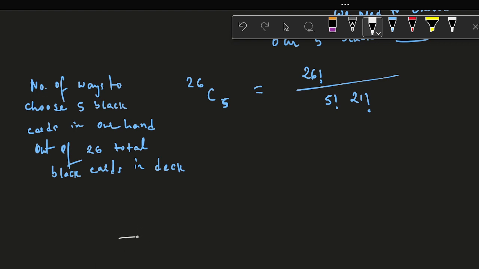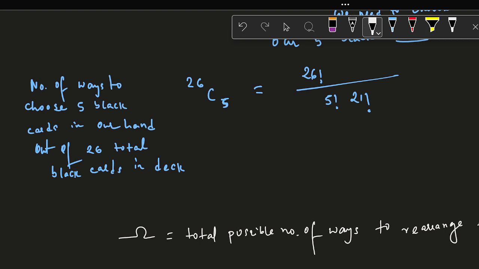So ultimately the total value of omega, that is the total possible number of ways to rearrange the 8 cards with 5 black and 3 red in our hand.